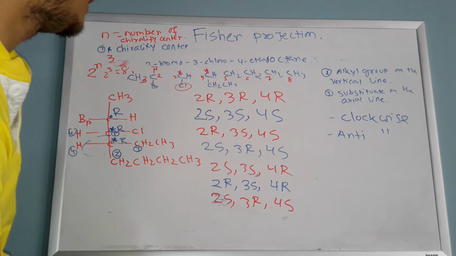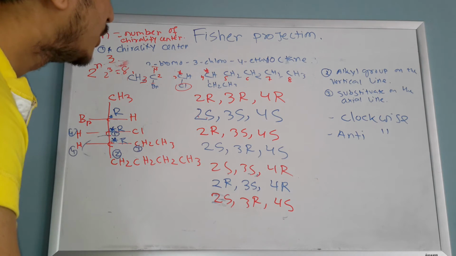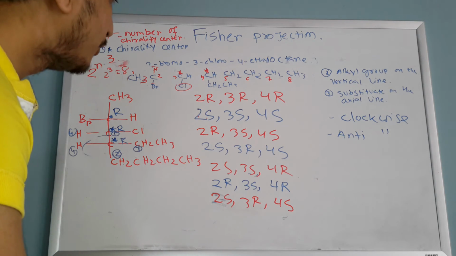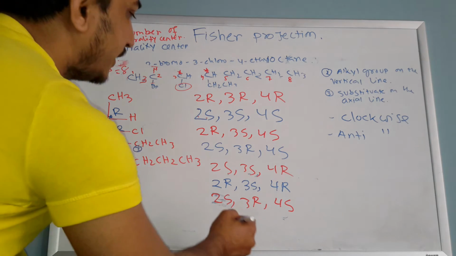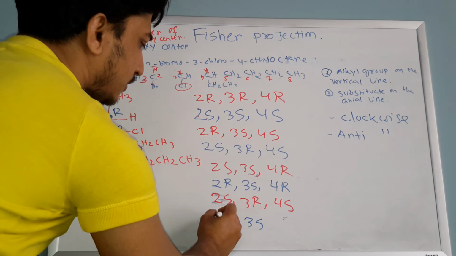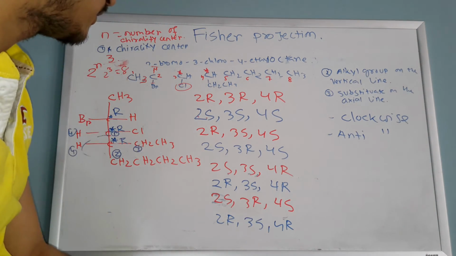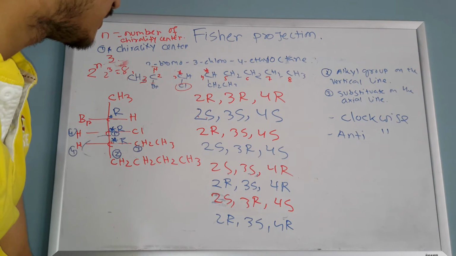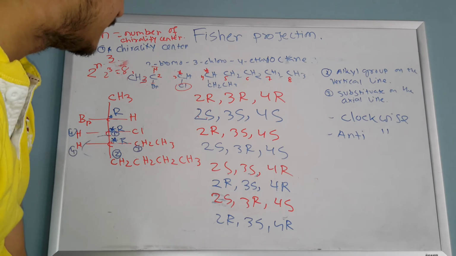Then you can make any other things like 2R, 3R, 4R, 2S, 3S, 4S, 2R, 3S, 4S, 2S, 3R, 4S. Okay, 2R, 4R. Yes. 2R, 4R.